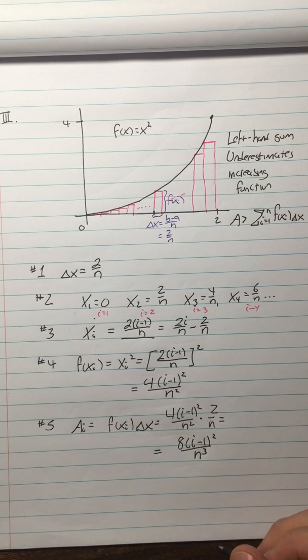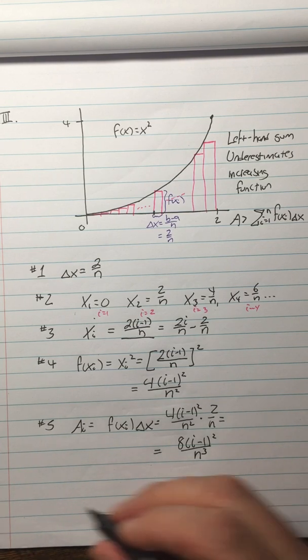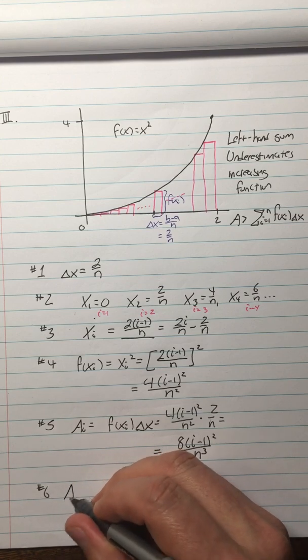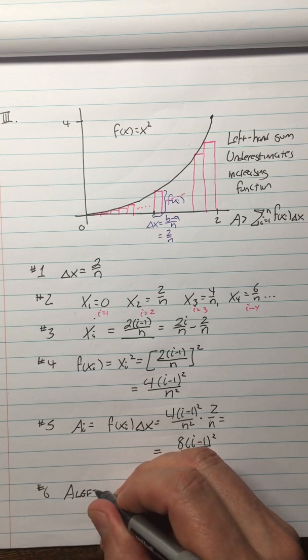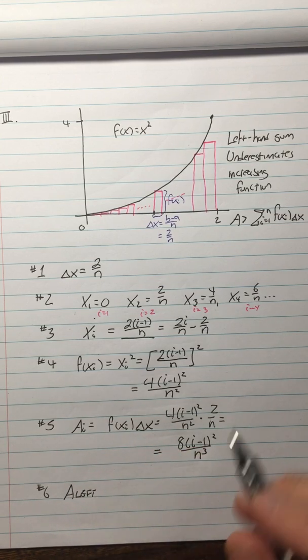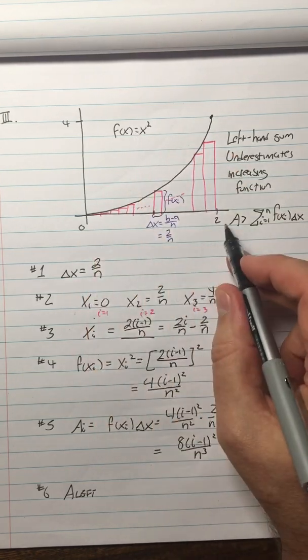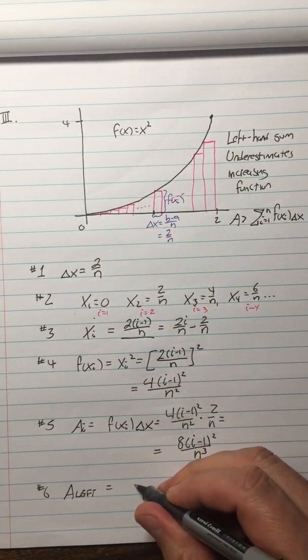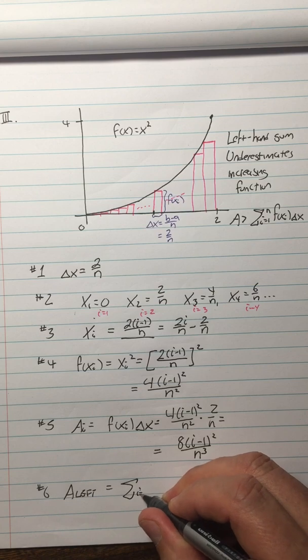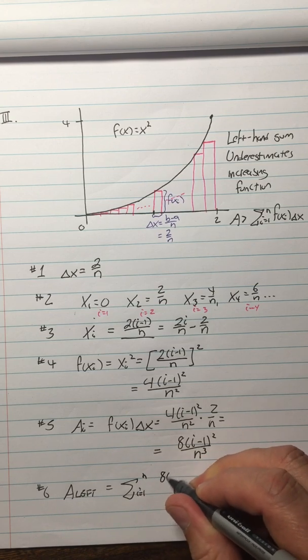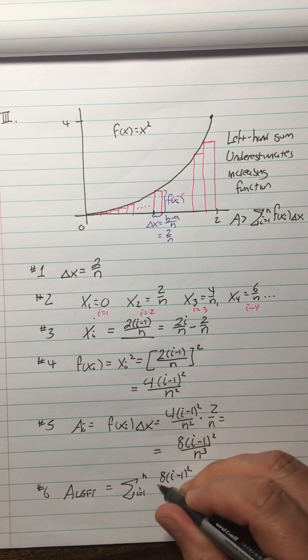Now for number 6, I know that the area from the left for any number of rectangles on this function on this interval is equal to the sum from i equals 1 to n of 8 times i minus 1 squared over n cubed.